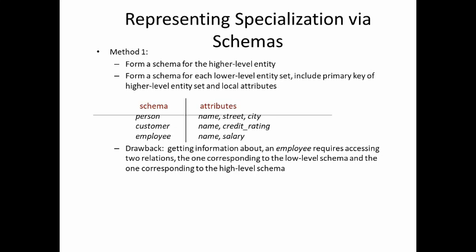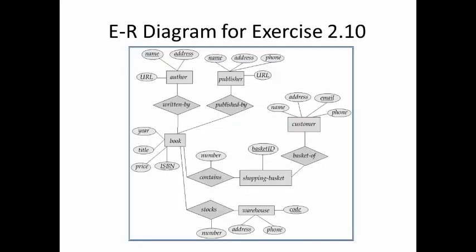We saw representation of specialization. We saw method 1, form a schema for higher level entities. Then the other one was form a schema for each lower level entity. That is, you need to look at it from the perspective of the general entity and then its attributes.